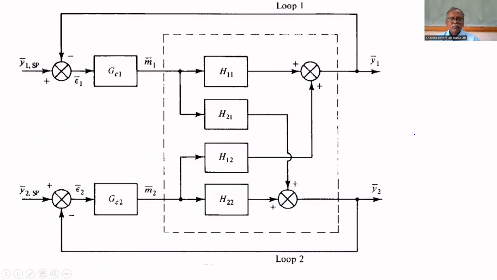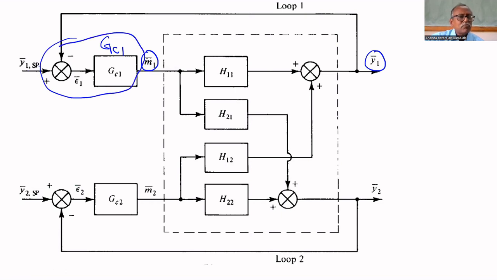Now, suppose you want to control Y1, we are using M1 as the manipulated variable. For that, the controller is GC1. We feed back that Y1 to the controller GC1. Y1 set point is the set point we can control.